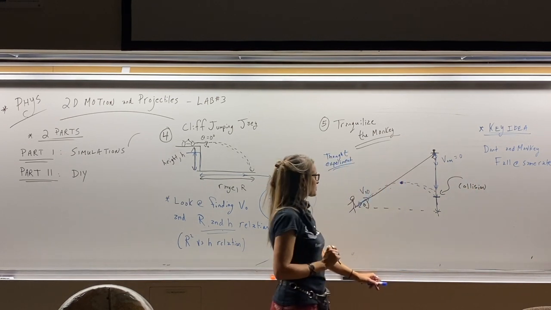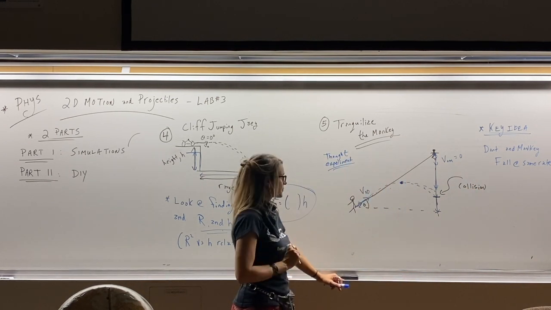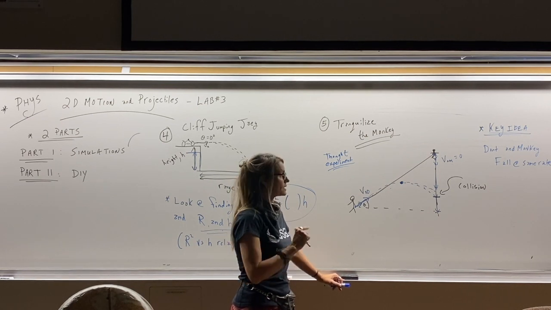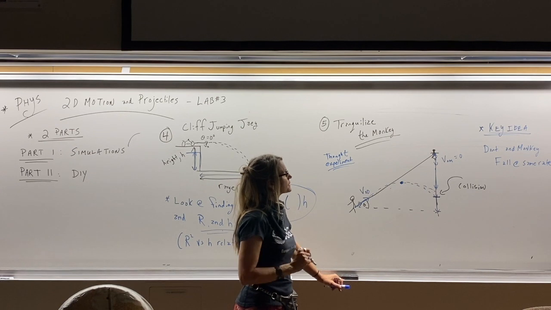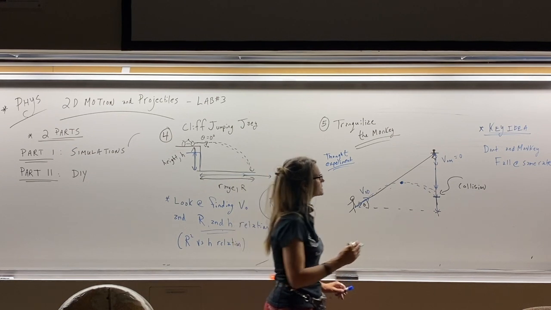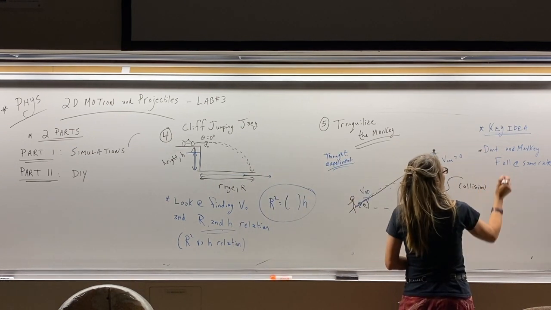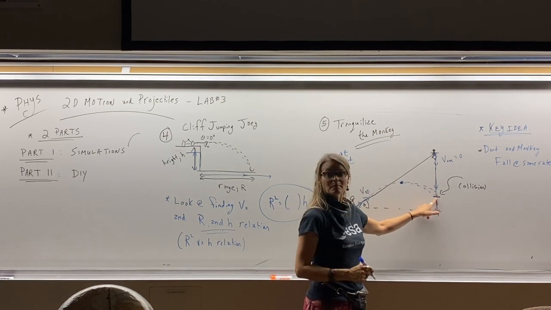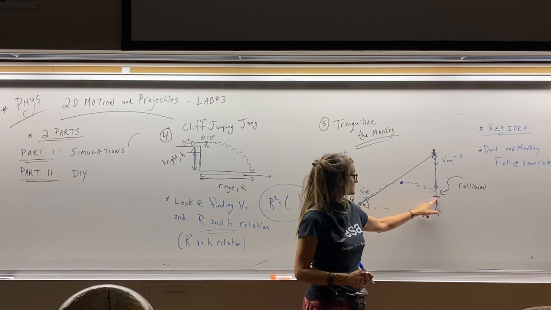The trickiest part here is to set up all your coordinates and do your labels carefully, because you're going to be doing a lot of substitution. So we want the dart and the monkey to fall at the same rates. And the other key idea is that the dart collision and the monkey collision must be equal at this position.